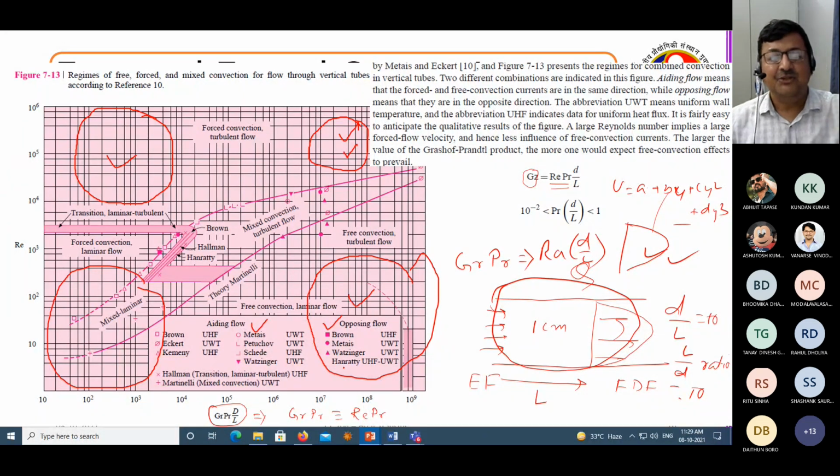Say your forced convection inertia is trying to flow the fluid, whereas buoyancy is working against that. So what will happen ultimately? Although the order of magnitudes of Grashof number and Reynolds number are supposed to be very high, at the end of the day you may get a lower Reynolds number and lower Rayleigh number, because these are acting opposite to each other.